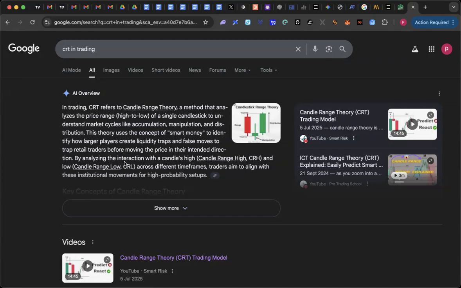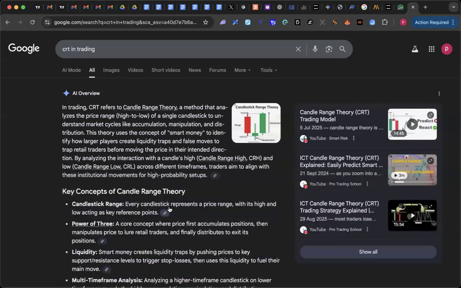By analyzing the interactions with the candle high, that's candle range high, CRH, and the candle low, that is candle range low, across different time frames. So irrespective of the time frame, traders aim to align with the institutional movement, and so on.